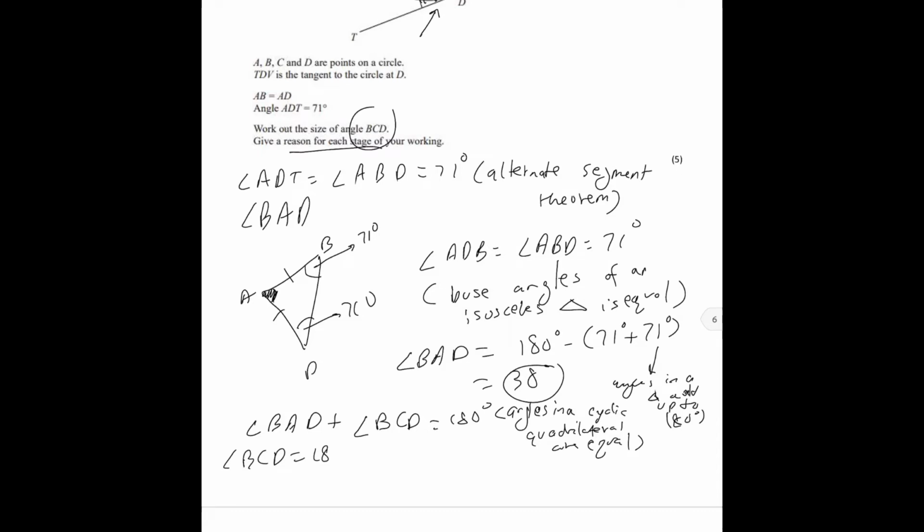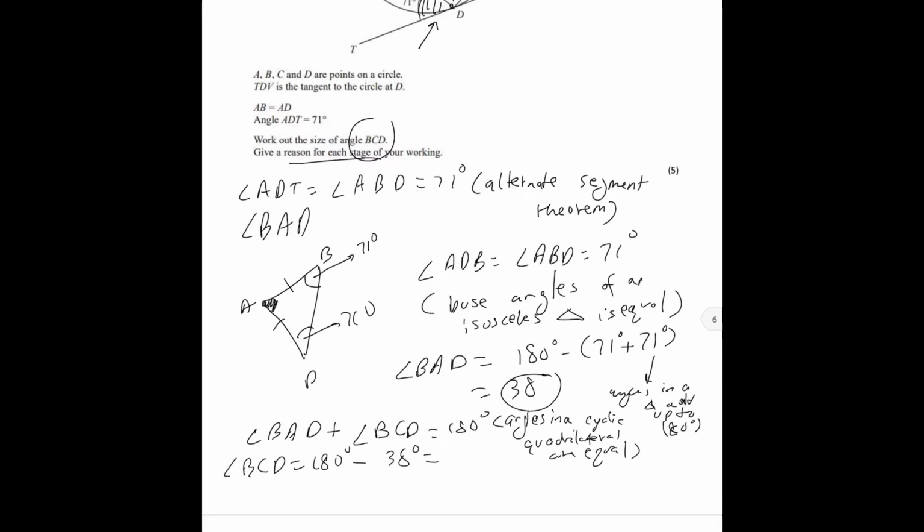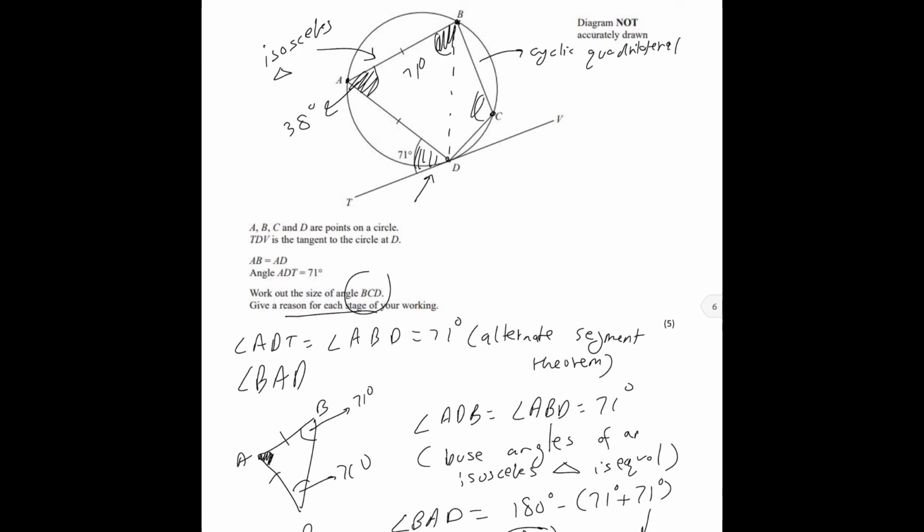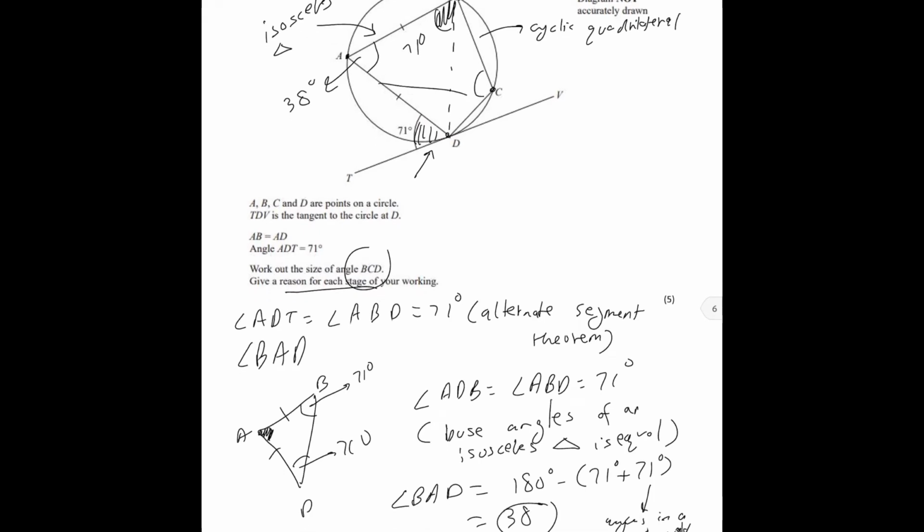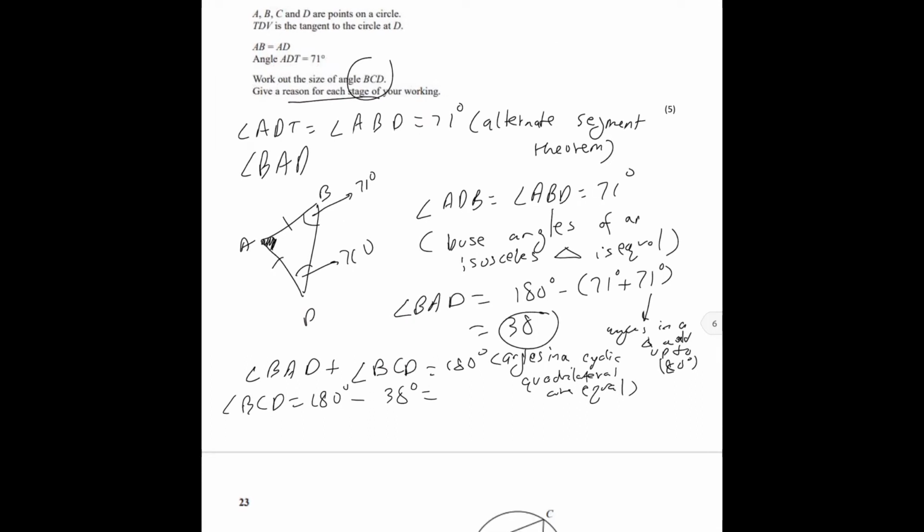So angle BCD is equal to 180 minus 38 degrees, because these two angles are indirectly related to each other. They both add up to 180 degrees.